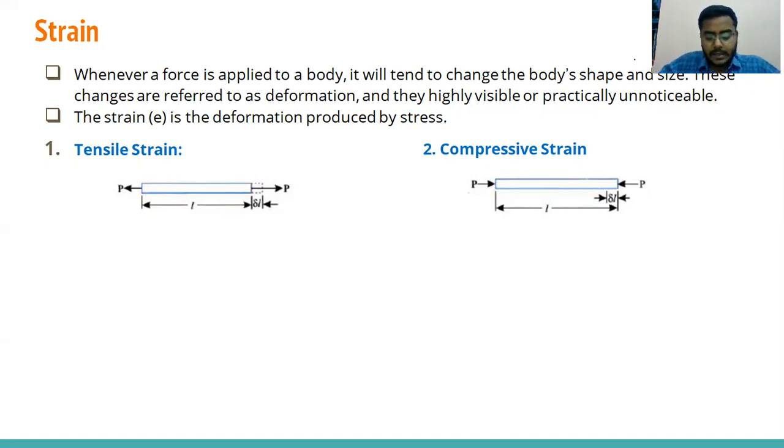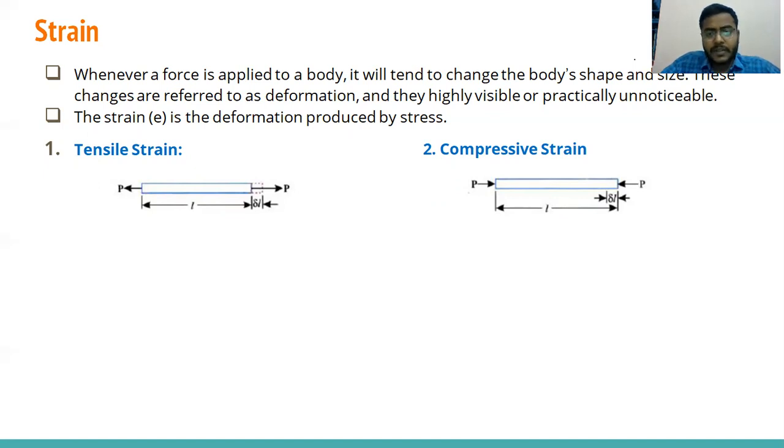So now you can understand what deformation is when you apply a force on a body. The force can be a pulling force, a pushing force, or a shear force; it can be a different kind of force. When a force is applied to a body, it gives a change in its shape and size. That is called deformation.